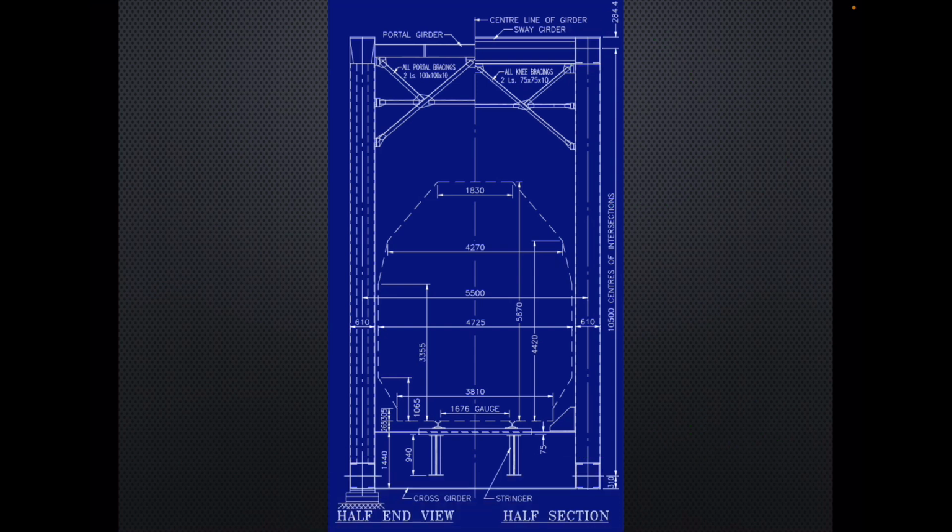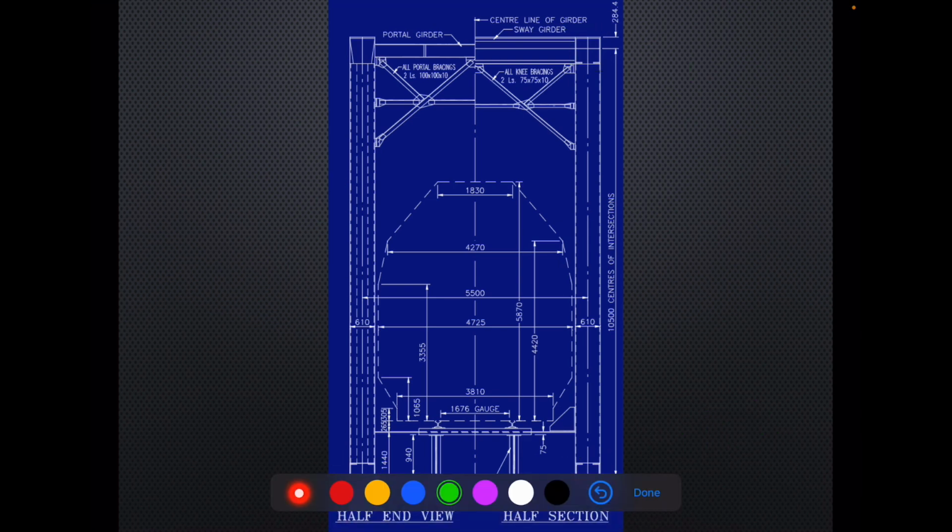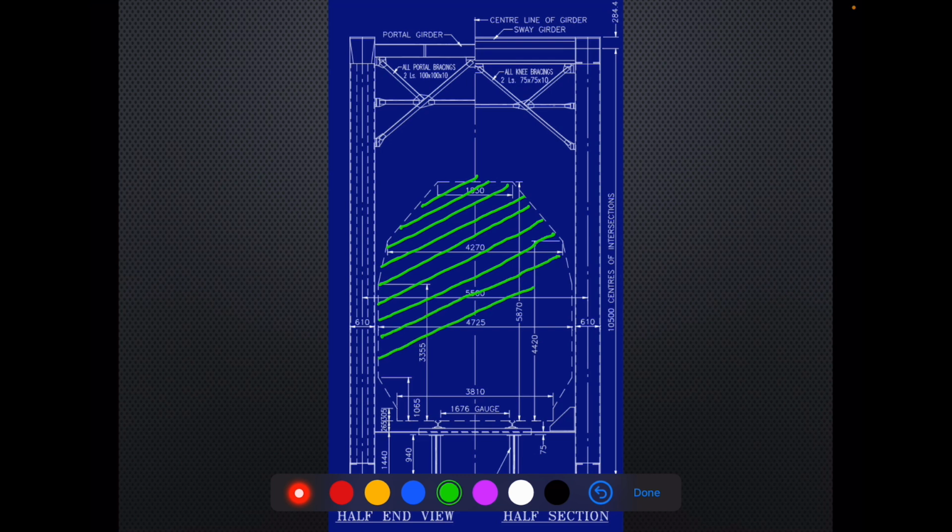Now, what is this shape? This shape represents the maximum moving dimensions of the biggest vehicle which is supposed to pass through my open web girder.